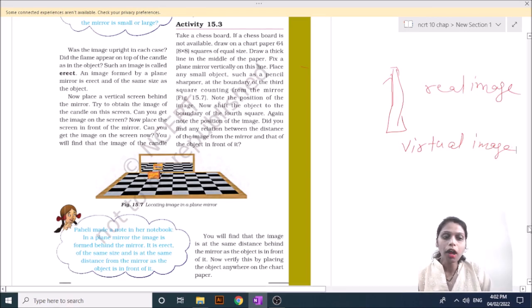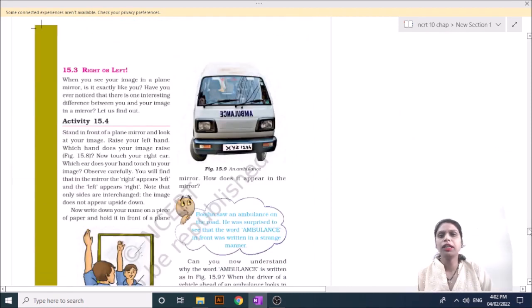Okay. Now, sometimes you will feel that you are standing near a plane mirror. Whenever you raise your left hand, you will feel in the mirror your right hand is up. Why? And what does it show? It is also a characteristic of the plane mirror.